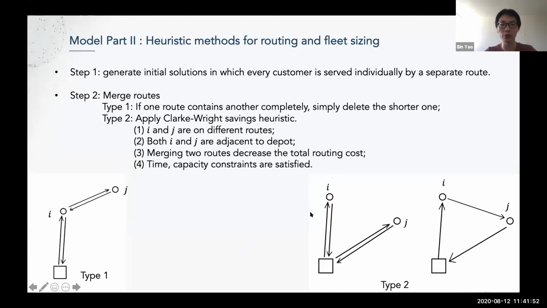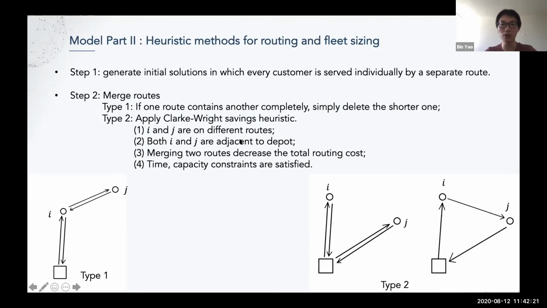And the more general case is to consider combining any two routes using the Clarke-Wright savings heuristic. The basic idea is that for each two routes, we select two points that are adjacent to the depot and try to merge these two routes by creating an arc from I to J directly.